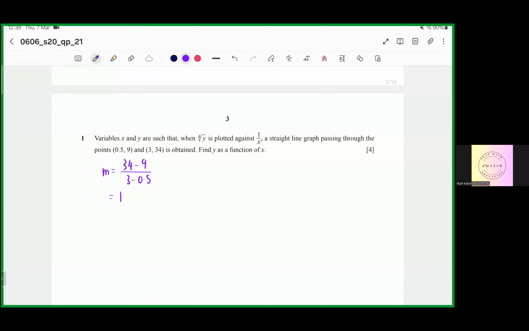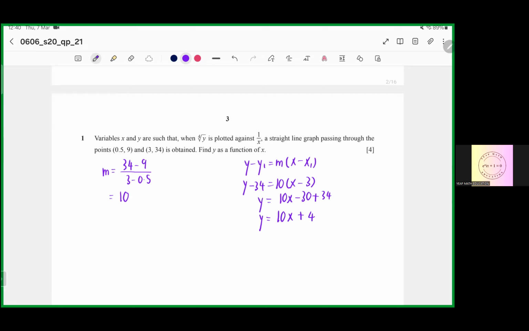We get 10. Now we use the equation y minus y1 equals m bracket x minus x1. So y minus 34 equals 10 bracket x minus 3, equals 10x minus 30 plus 34. So you get y equals 10x plus 4.